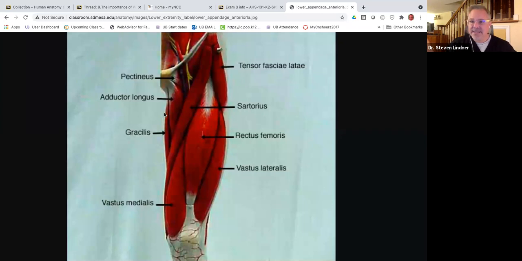We call it adduction. So the pectineus, the adductor longus, and gracilis, these are all inner thigh muscles. They're all adductors. That's their primary movement. They can all do other actions as well, but their primary movement is going to be hip adduction.